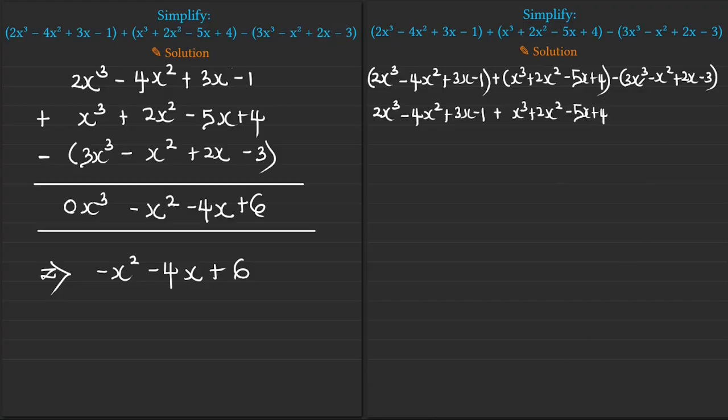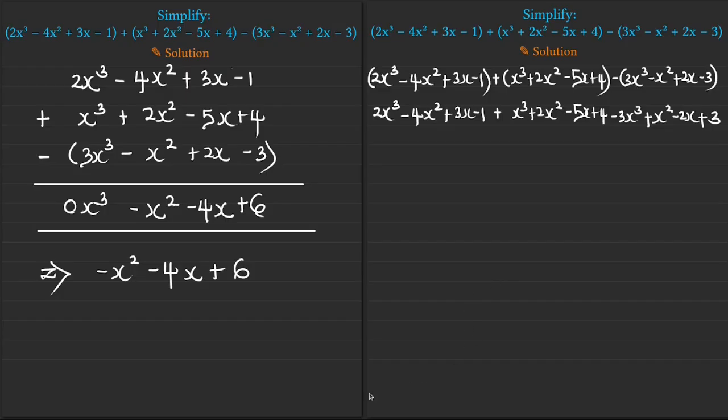Then for the last term, it has a negative in front of it. So negative times 3x cubed, we have negative 3x cubed. Then negative times negative x squared, we have a positive x squared. The negative times 2x, we have a negative 2x. And then the negative times negative 3 gives us a positive 3.